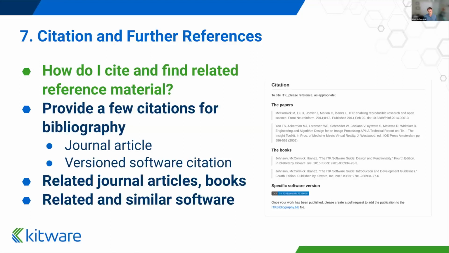Some are papers or journal articles, and it's also helpful to provide a citation that can be used to reference a specific version of the software when people want to reproduce work that's published. You have a version of the software. A citation on GitHub Zenodo is very helpful for doing that automatically. You can create a DOI that's associated with specific versions of your software when you create a release.